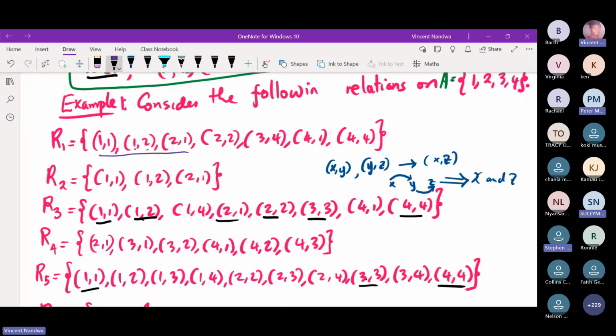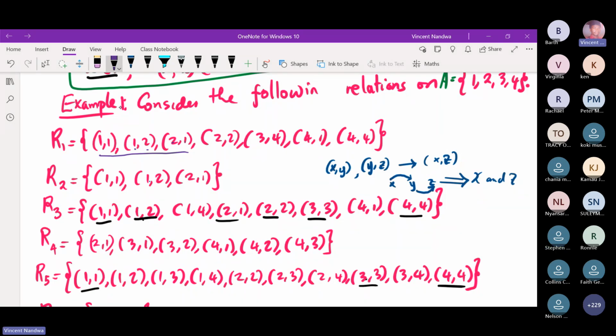Understood. Okay, so now tell me, is R1 transitive or not transitive? Do all of them satisfy that condition? For the first three, they will be okay, but are all of them? No. Even if you say 1, 1 and then 1, 2, is there a 1, 2 in this?